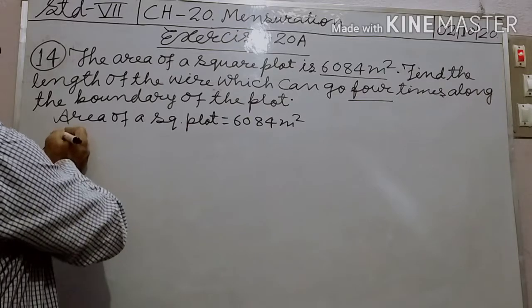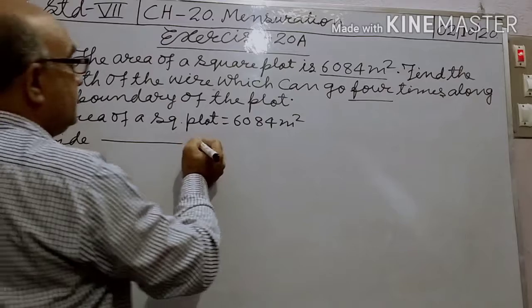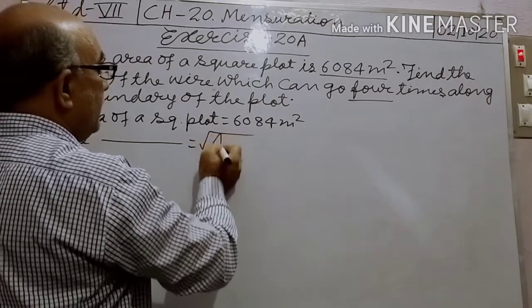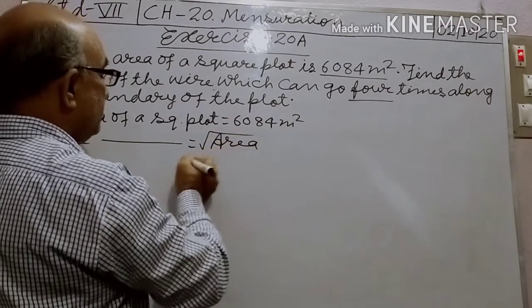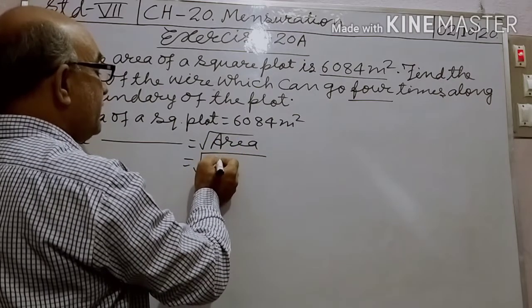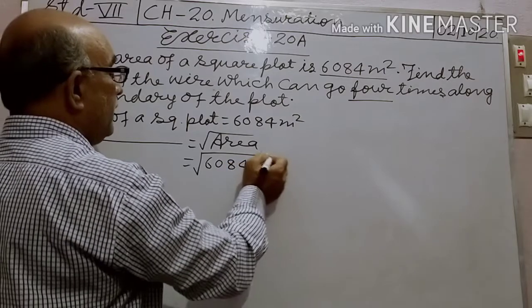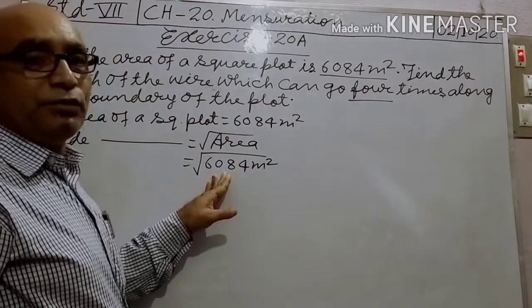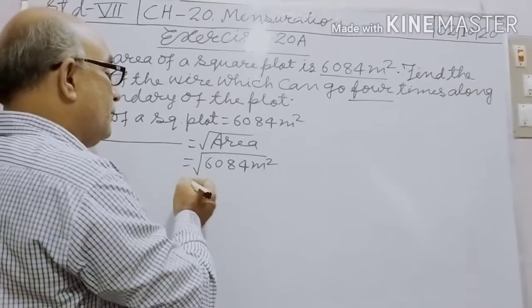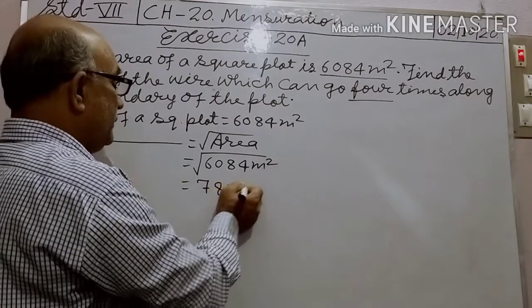So the side of the square plot is under root area, equal to under root 6084 meter square. The square root of 6084 meter square is equal to 78 meter.